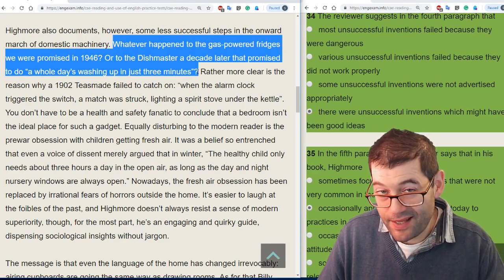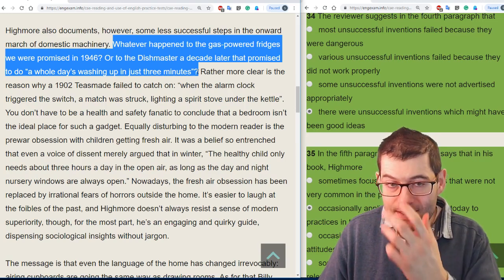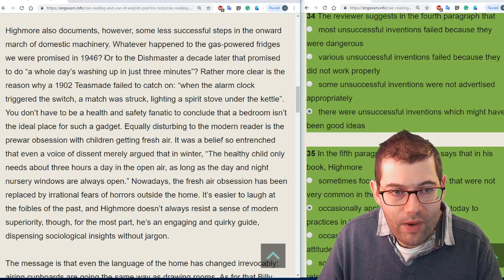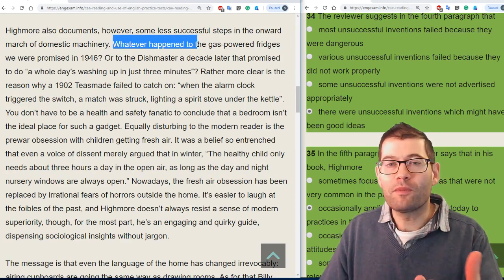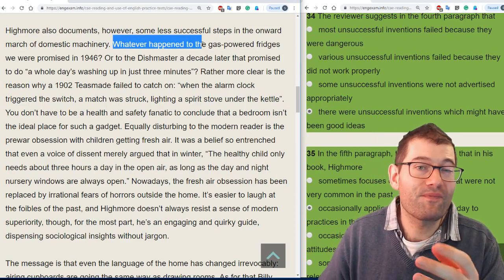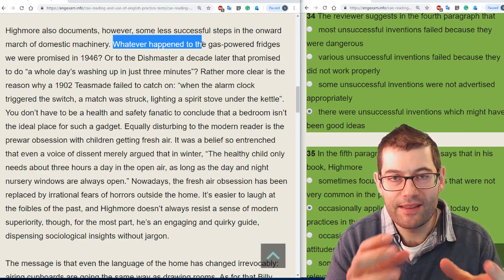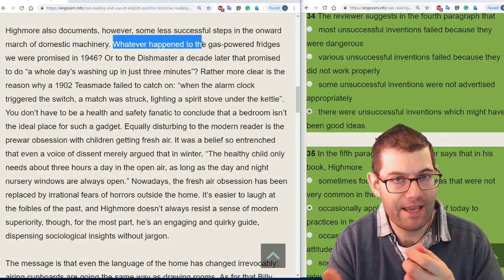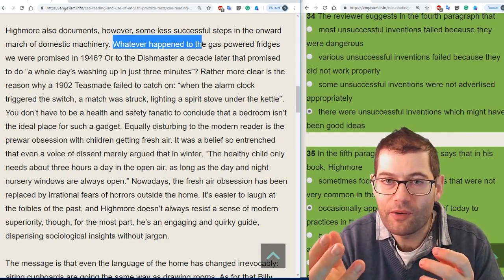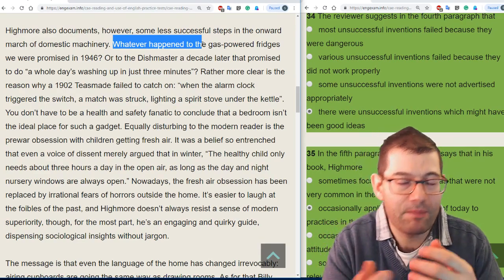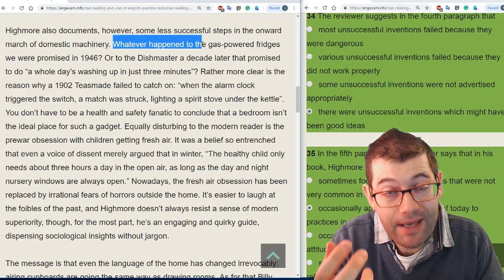Now, the idea behind this sentence, and particularly the way the question is opened, whatever happened, gives you the idea that the author, or Highmore, suggests that this is something that's good and it didn't happen. Whatever happened to? It's as if you were waiting for something to happen and it didn't actually happen.